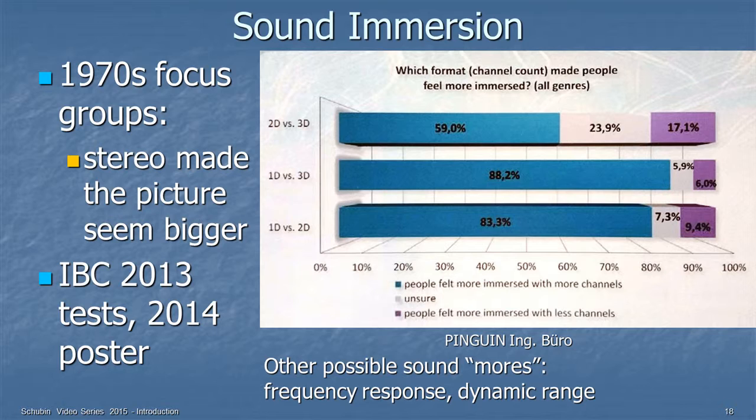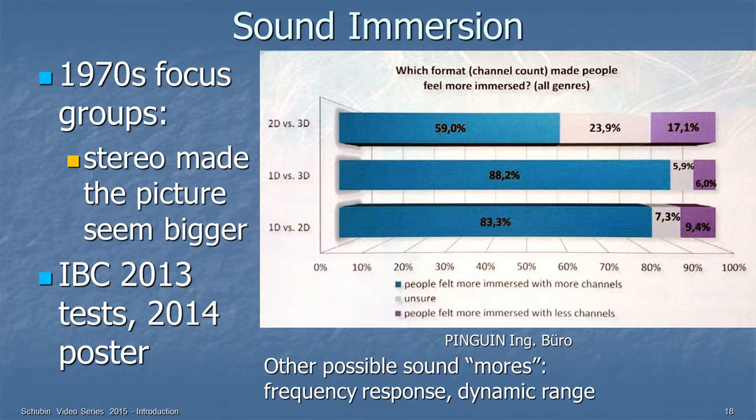And then if we go down to the bar below that, you can see that if it was a case of even one-dimensional sound versus two-dimensional sound, still a very substantial majority felt that the two-dimensional was more immersive, and only a small minority felt that the one-dimensional was more immersive. But now take a look at the top bar.